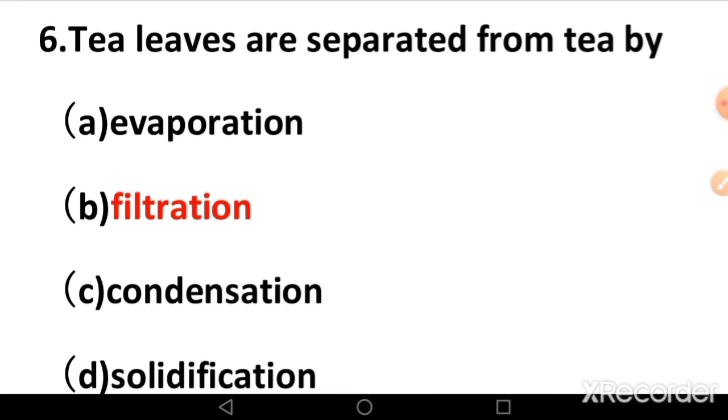This is the process where the liquid passes through the filter paper, and while the insoluble substance gets retained, means remains there on the filter paper. Suppose to separate tea leaves from tea, we use a strainer which separates tea leaves from tea. So answer is option B, filtration.